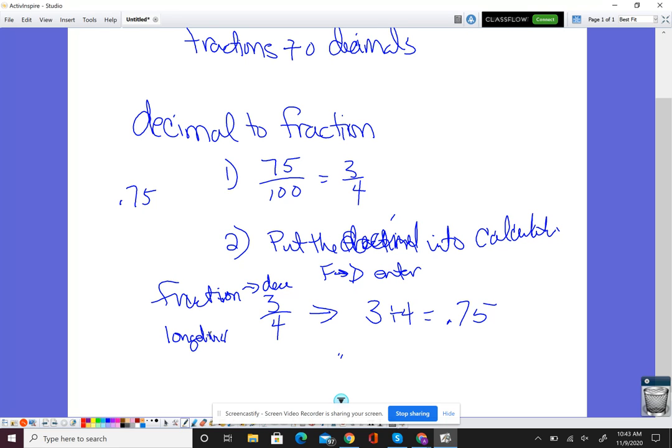Long division. Put the fraction into the calculator and hit the F to D button.